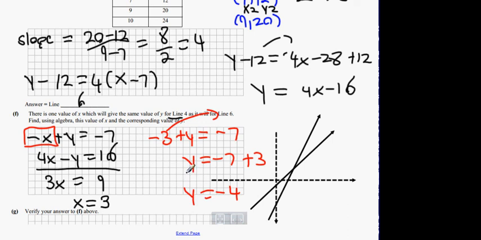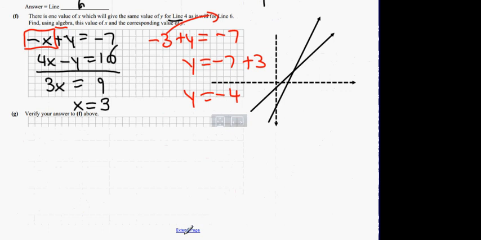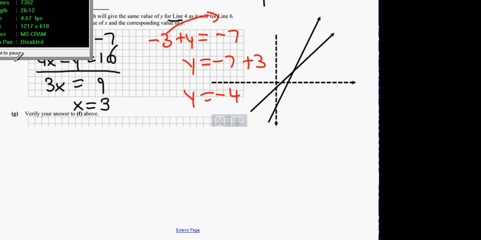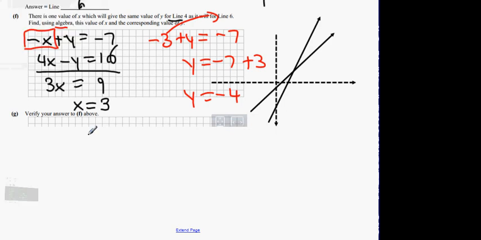Now, that's using algebra. Verify this answer to F above. Verify it. Okay. We're going to verify both points. So you're going to verify the point is on both lines.